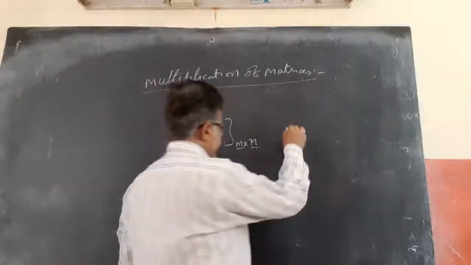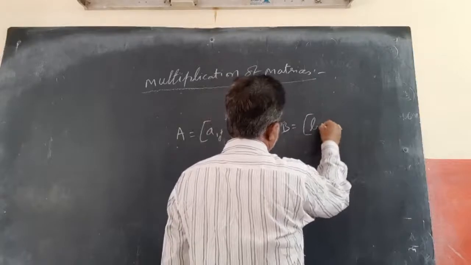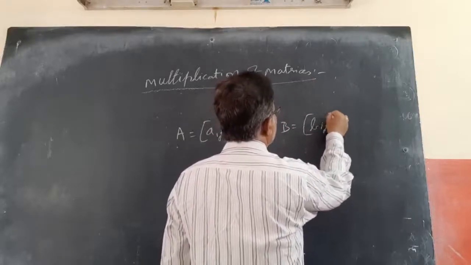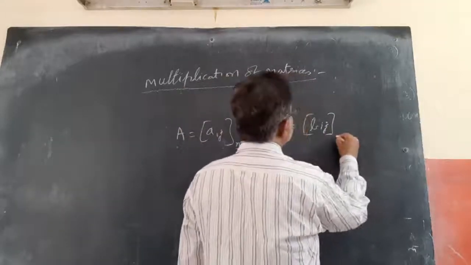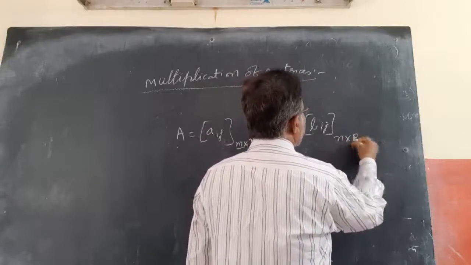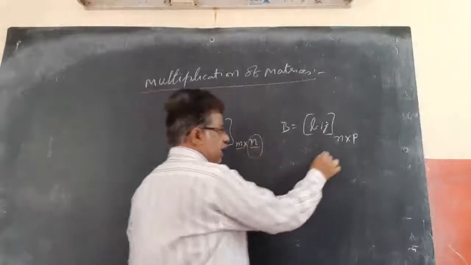And B is a matrix such that B = Bij, of the size n by p, which means the number of columns here is n.